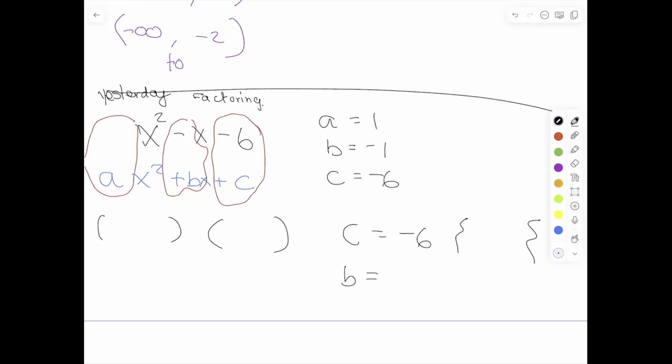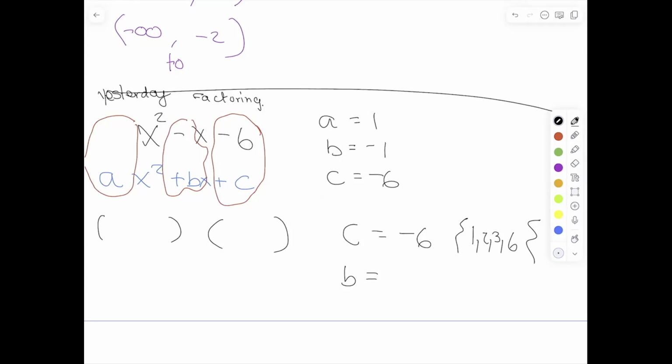What numbers go into 6? 1, 2, 3, and 6. If you multiply them, 2 times 3 is 6, 1 times 6 is 6. Those are the numbers I could use to get 6.